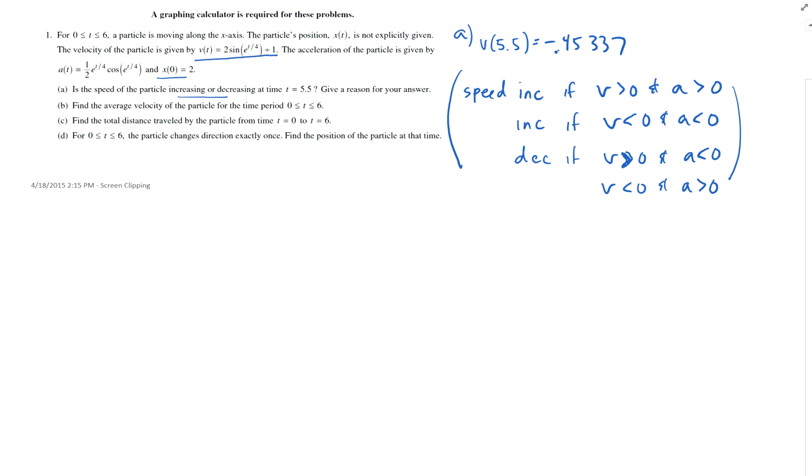So we're going to use this concept here. What is the acceleration at 5.5? It's negative 1.35851.